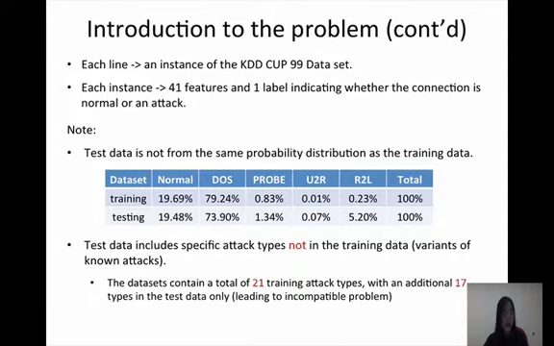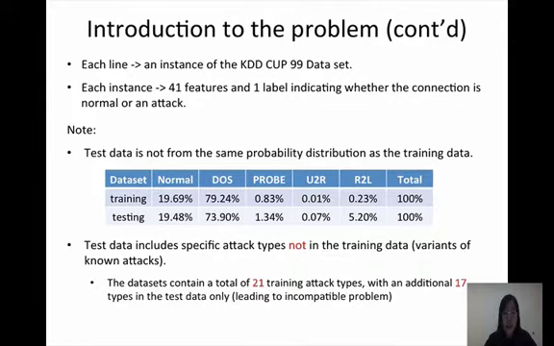Important to know here is, first, the test data is not from the same probability distribution as the training data, also known as dataset shift, simulating the real-world situation. From this table, we can find that the distributions of the instances are different between the training and testing datasets.